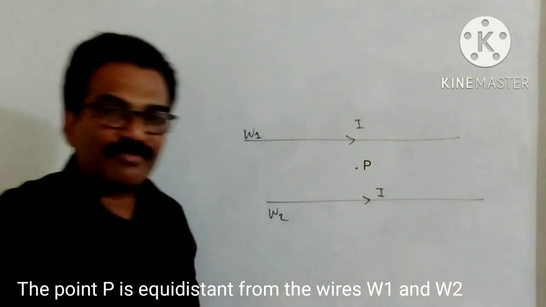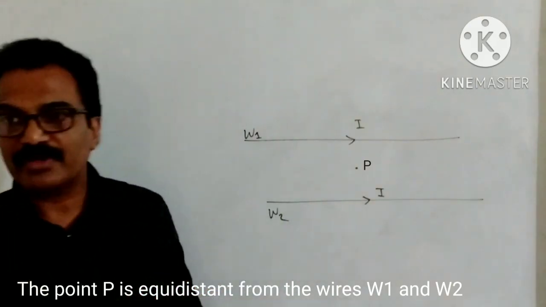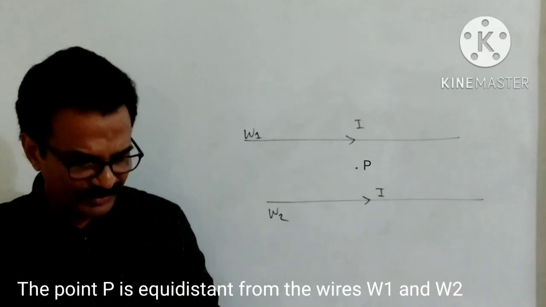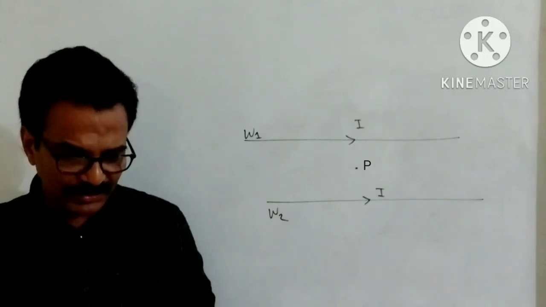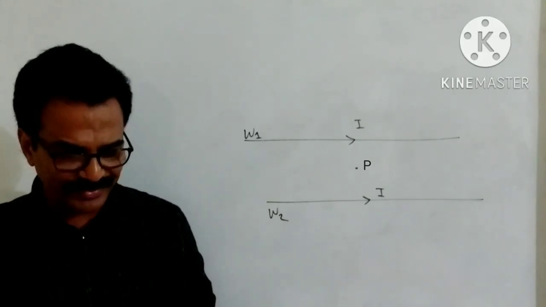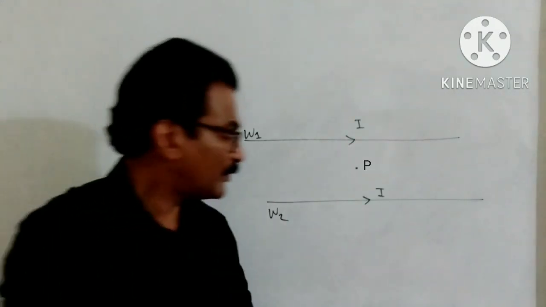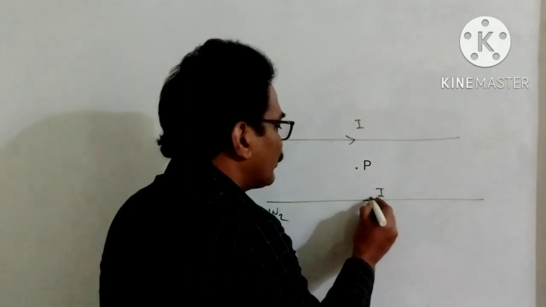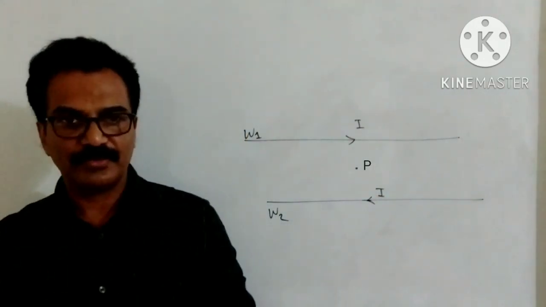So they will get cancelled, and here the resultant magnetic field will be zero. So that is the first answer. Second one, if the current in the wire W2 is reversed, the resultant magnetic field will change now. It is not zero right now.